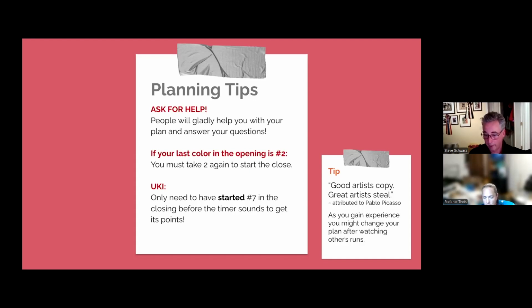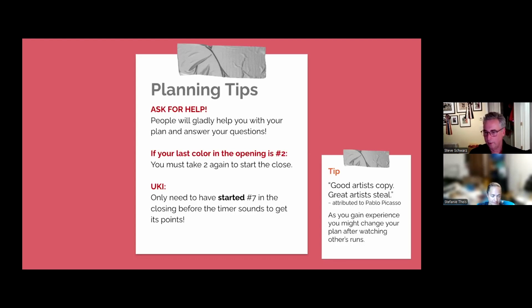But don't forget, if you use 2 as part of your opening, so you take red, then 2, you have to take 2 again, because it's part of the closing. The first time you took it, it was your color for your opening, but you have to take it again to start the close. So that's the only thing you have to remember. If you end on the 2 in the opening, don't forget to take it again to start the closing.